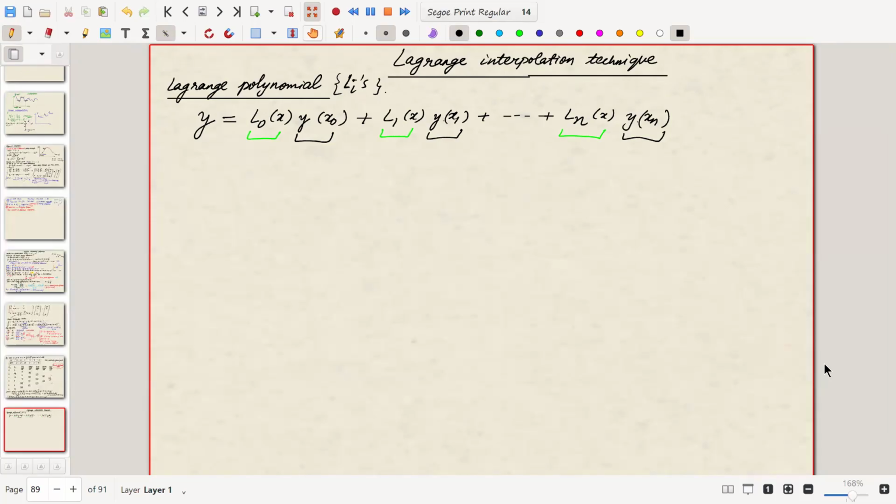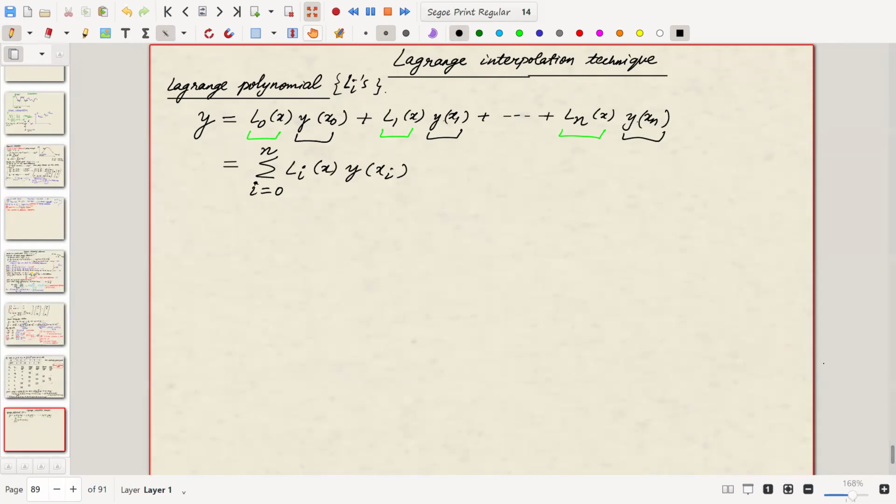So it is the summation of Li(x) times y(xi), where i goes from 0 to n. Exactly, this is what the Lagrange polynomial looks like.